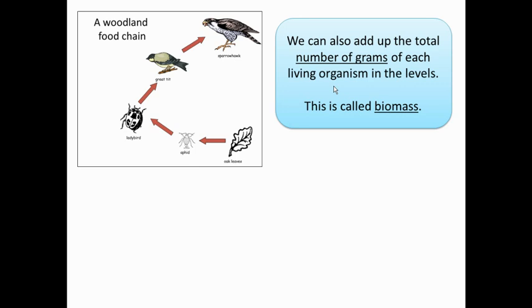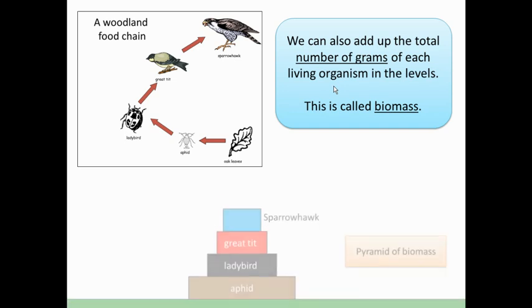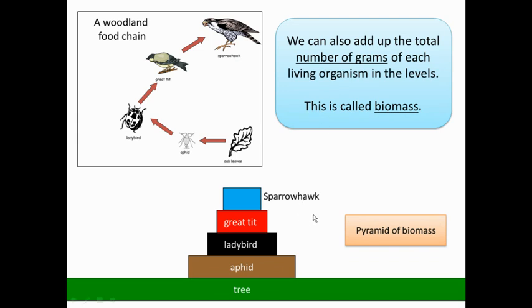So we can also add up the total number of grams of each living organism in the levels. This is called biomass. So the number of grams, okay, it's the mass of something. So if we think about our tree, the tree is really heavy, okay? It's going to have a really big mass. So looking at a pyramid of biomass, this bottom bar is actually going to be much bigger, isn't it?